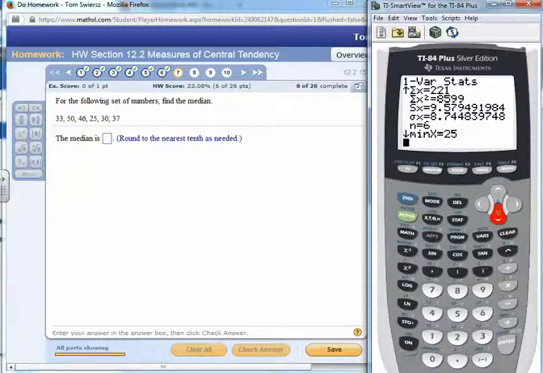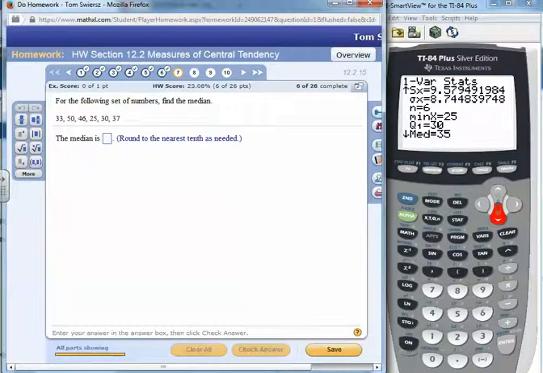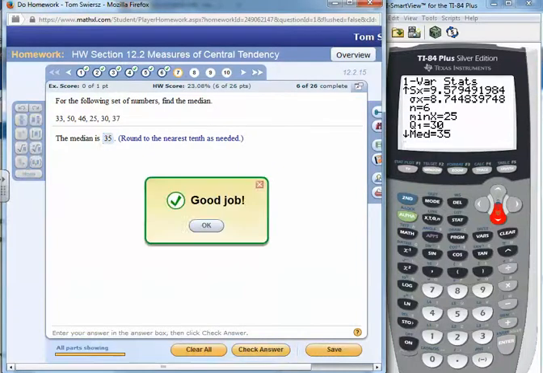You scroll down about 2 or 3 times, and the median MED is 35, okay? So MED is the median. Remember, if you go backwards, the median is not X bar. That's the first value, but the median is MED 35, and we put that in, and we get the right answer.